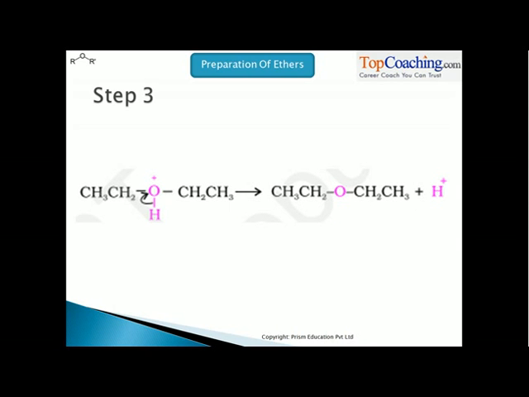So this is our step 3. These are the only 2 methods of preparation of ethers in the scope of our syllabus. Now that we are done with this, we will move to physical properties and then chemical reactions of ethers.